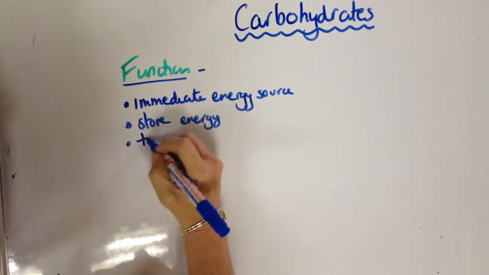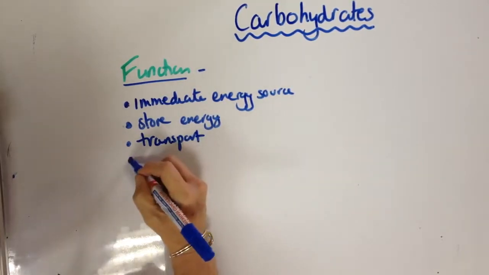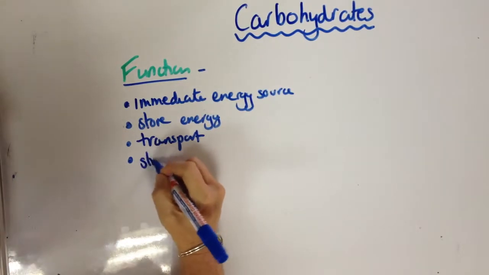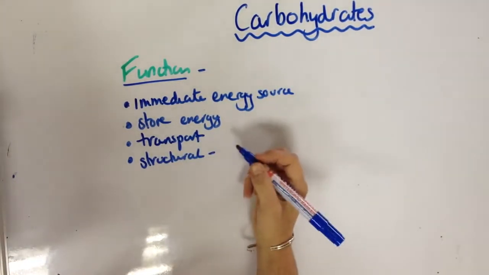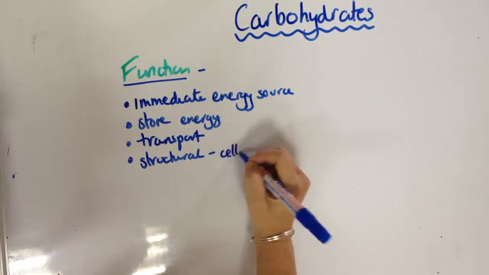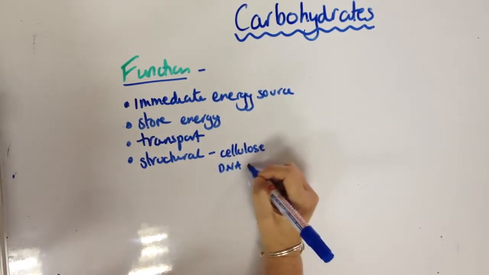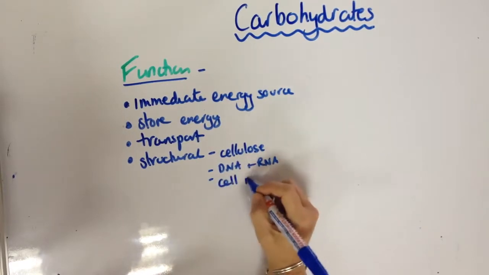they can be used in transport, both in plants and animals, so to be transported from one place to another. They can also be structural. Examples of these would be cellulose in cell walls, DNA and RNA have sugars that make them up, important molecules in biology, and in the cell membrane.